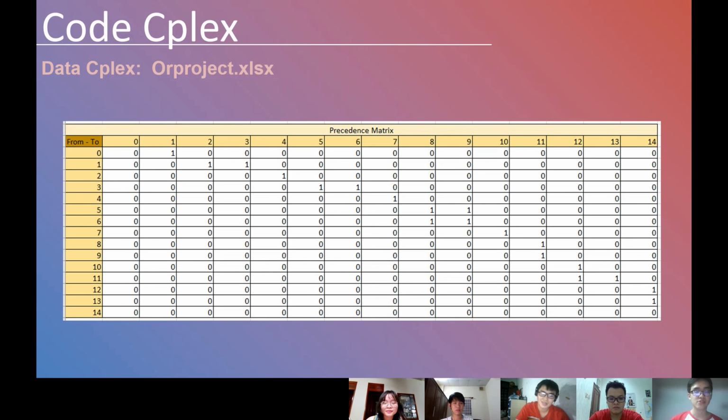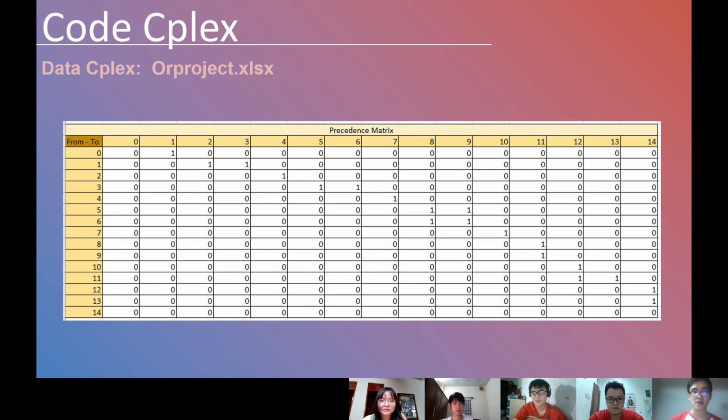As you can see, from 0 to 1 there is an arc, which means the project starts from job 1, so there is always a way to go to 1. From job 1 to job 2, and job 1 to job 3, there is an arc, so E1,2 and E1,3 are equal to 1.